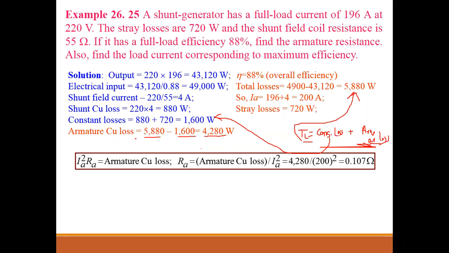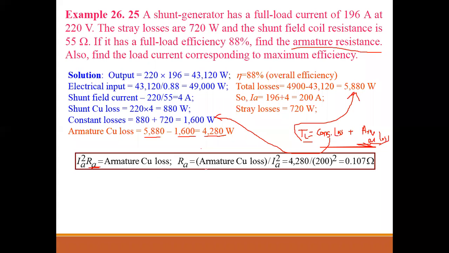Now we know that armature copper loss is 4280, and the equation for armature copper loss is Ia square Ra. They have asked us for the armature resistance, which means we need to calculate Ra. To find Ra, we need to divide this armature copper loss by Ia square.